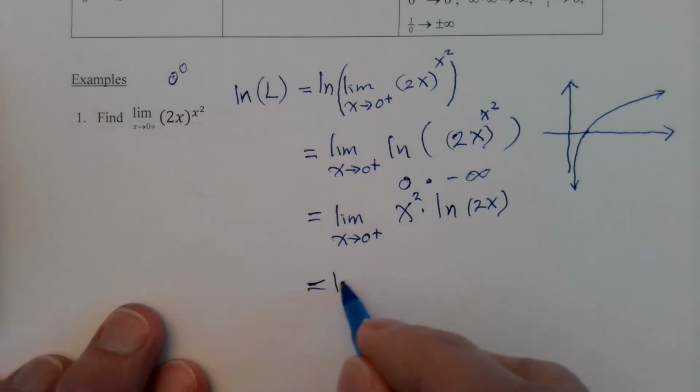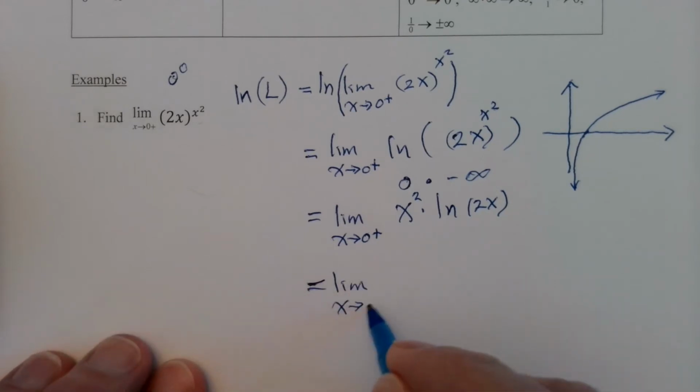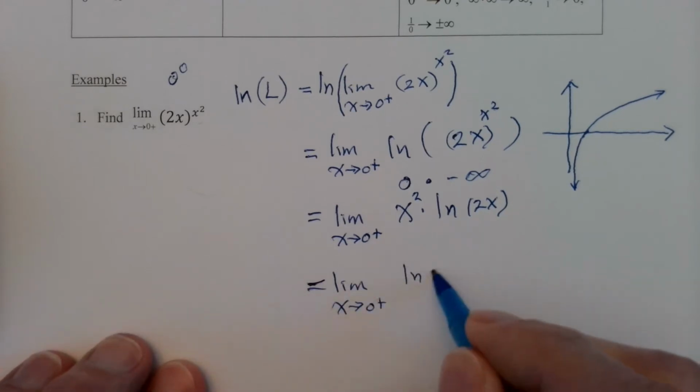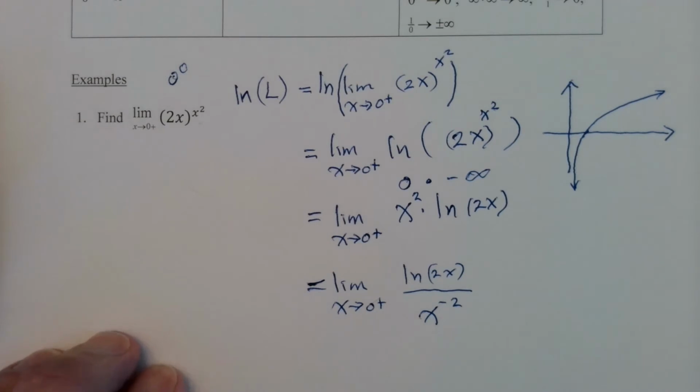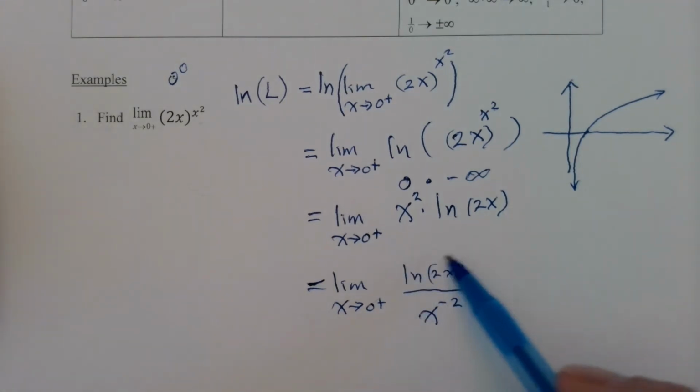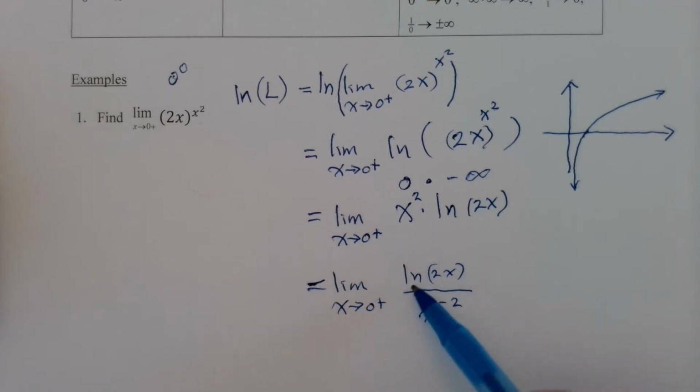That looks like this. Limit as x approaches 0 from the right of natural log 2x over x to the negative 2 power. What form do we have now? Well, I already explained that this upper expression in the numerator is approaching negative infinity. It turns out that this expression is approaching positive infinity, and I'll explain that here.